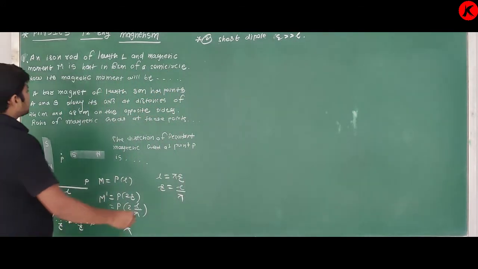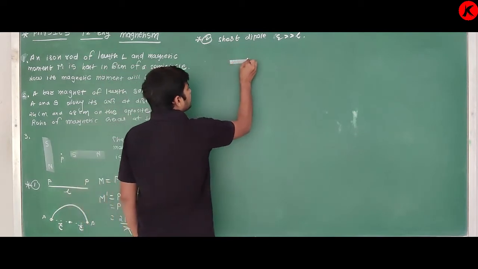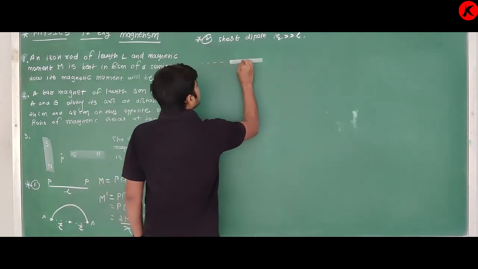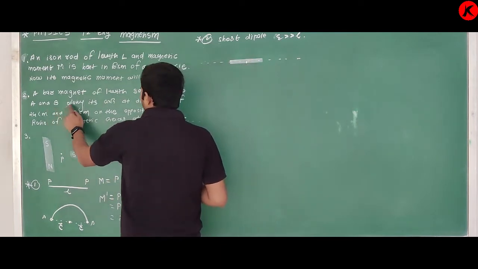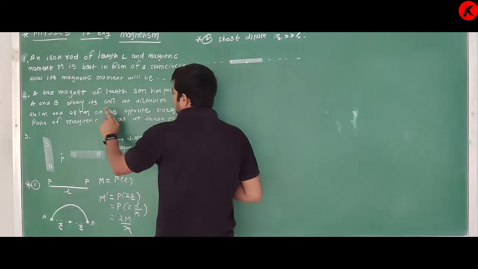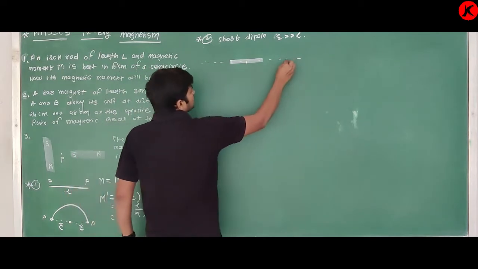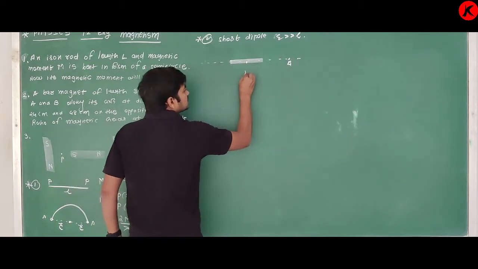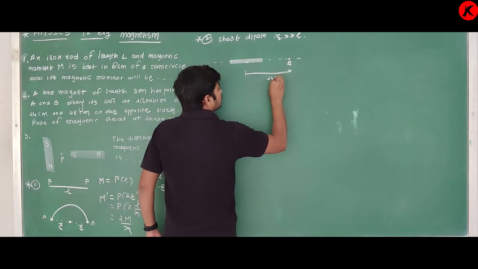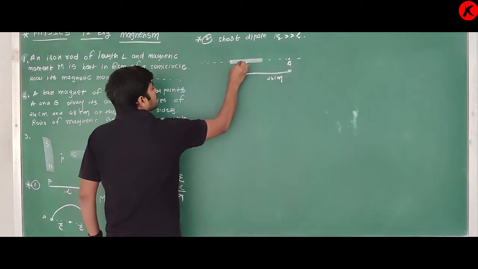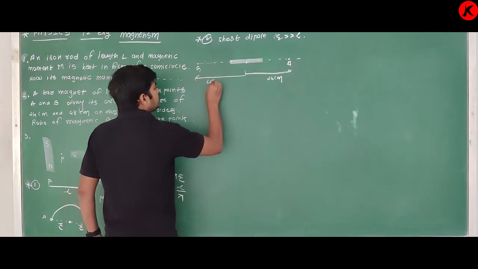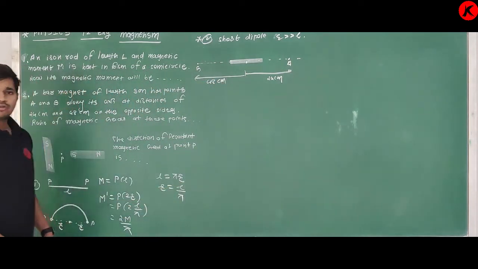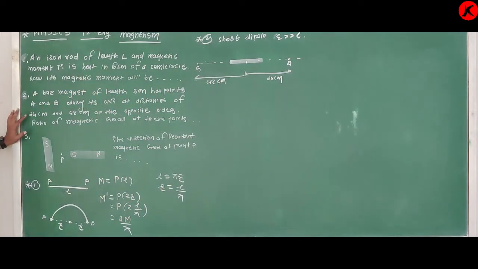You are given a magnet of length 3 cm. Points A and B are along its axis at distances of 24 cm and 48 cm. Suppose A is here at a distance of 24 cm and B is here in the opposite direction at a distance of 48 cm. You have to find the ratio of magnetic fields at these points.